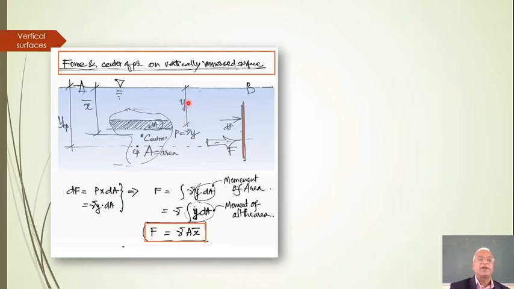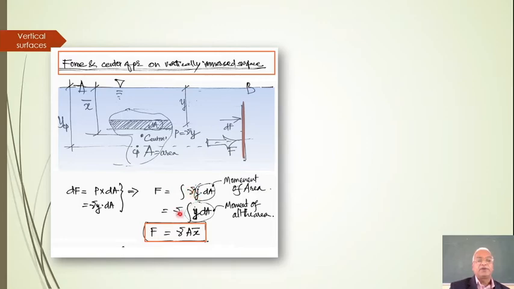Pressure is given by gamma Y, so dF is gamma Y dA. But if we want force, we have to integrate this expression gamma Y dA. But Y dA is nothing but moment of area, because area multiplied with the distance, that is moment of area about AB.